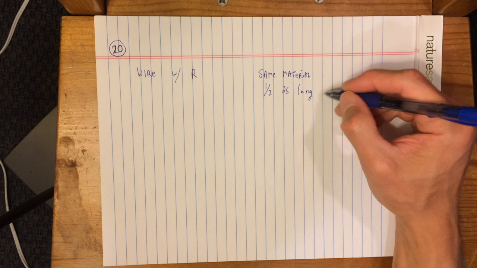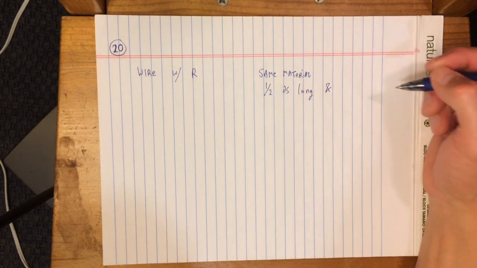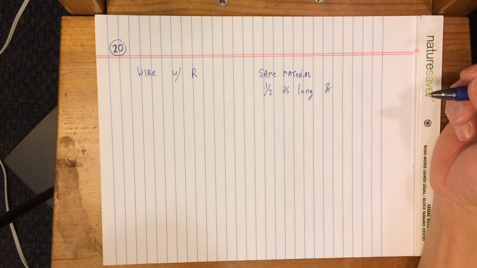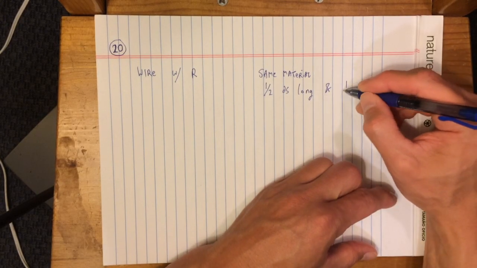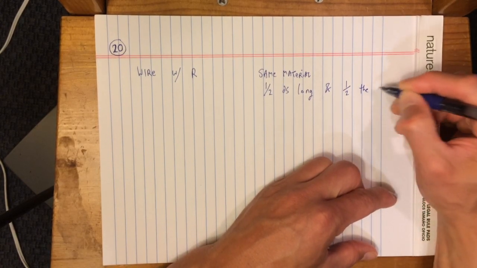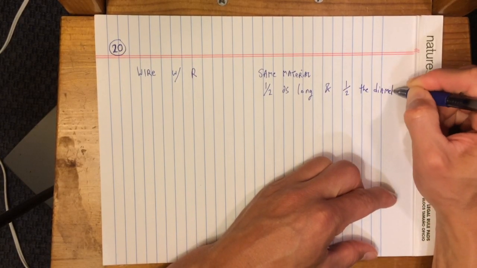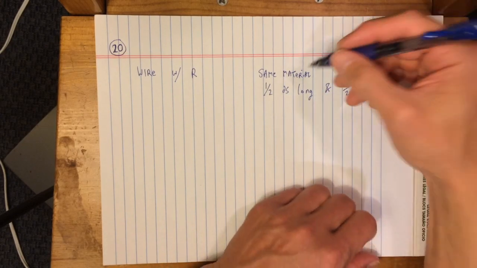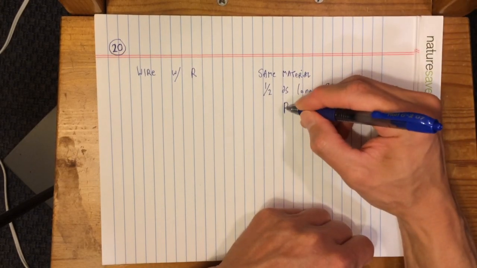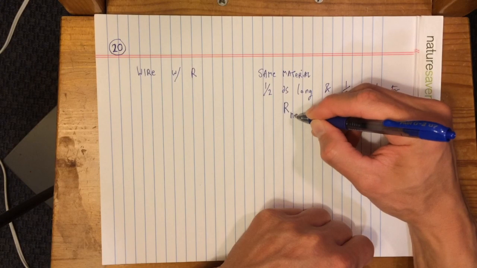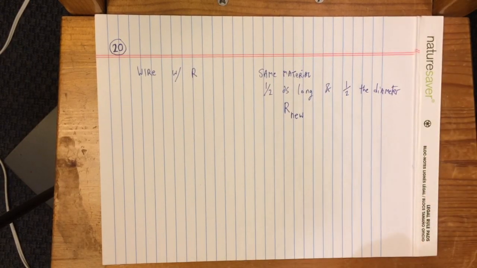Half as long, and half the diameter. Right? And we want to know what is the resistance of this new resistor.